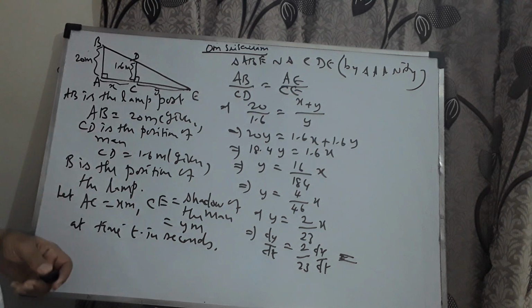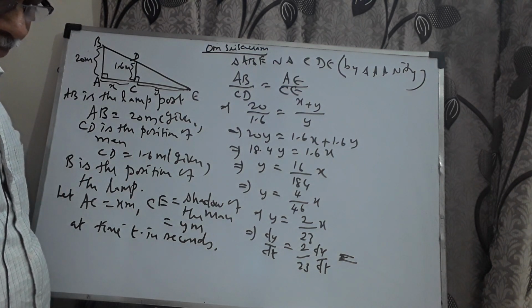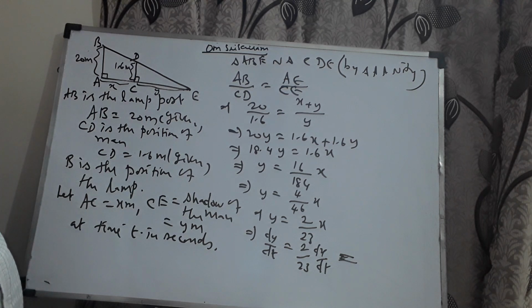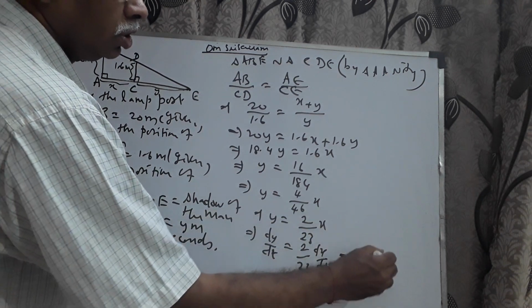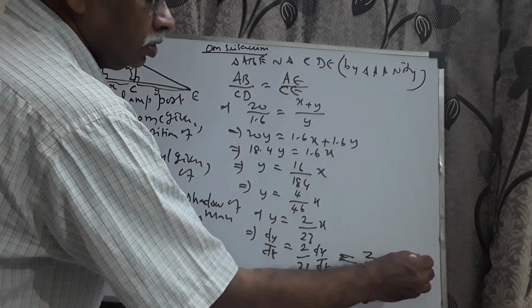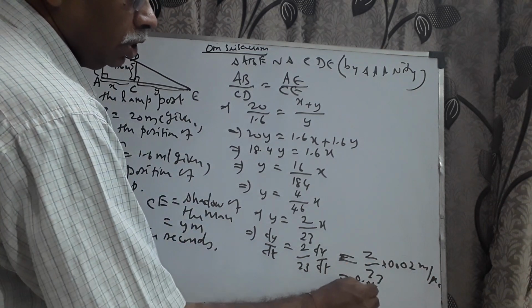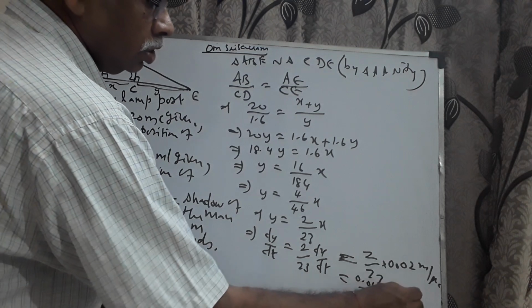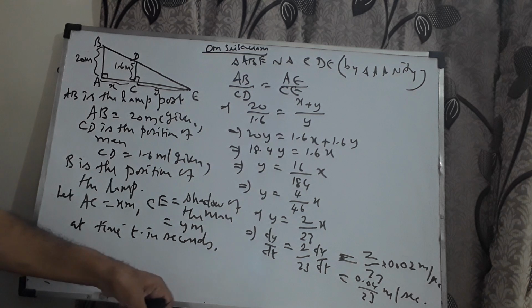But your dx by dt is given: the man is moving away from the lamp post at 2 centimeters per second. Therefore, I can write it as 2 by 23 into 0.02 meter per second, which is 0.04 by 23 meter per second. 2 centimeters is nothing but 0.02 meters.